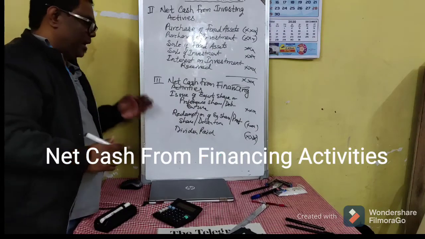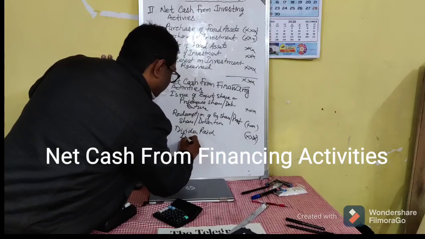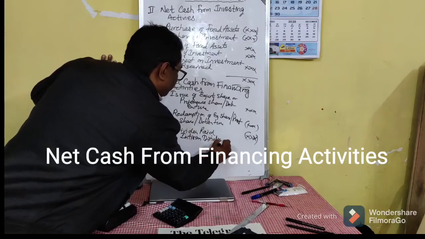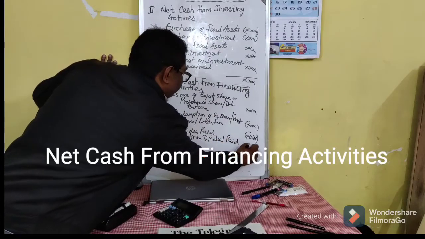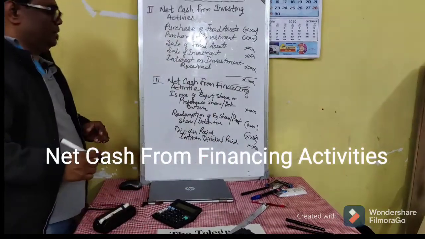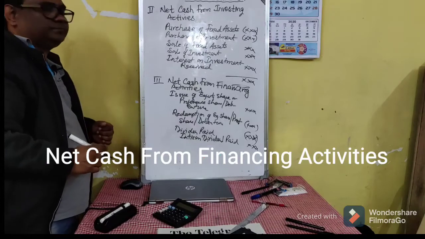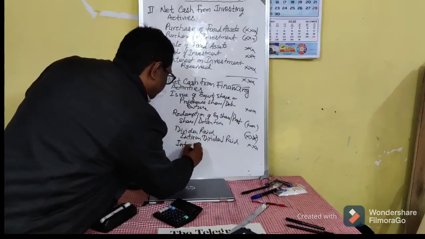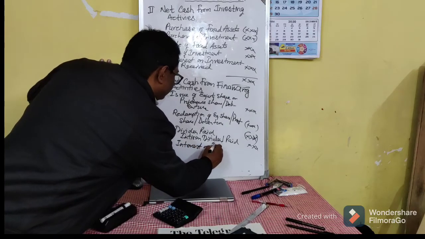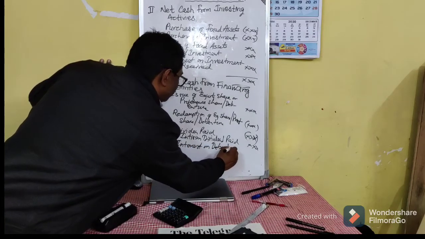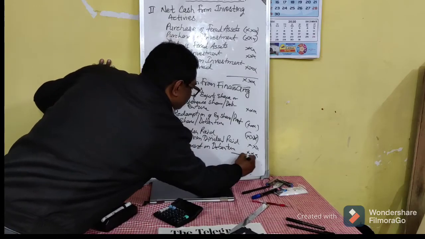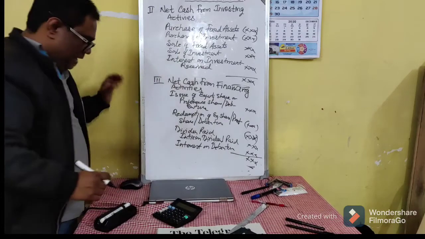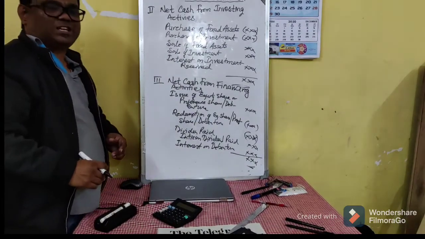Here dividend paid, interim dividend paid, these are in the financing activity. Interest on debenture paid here. So in this way, this is the net cash from financing activity.